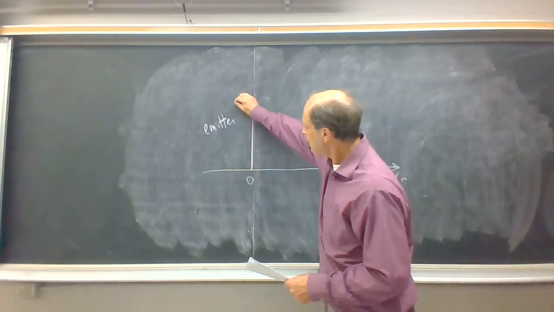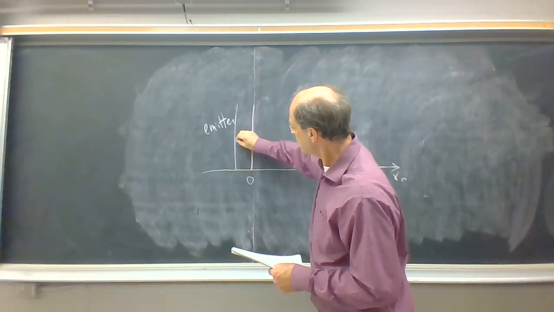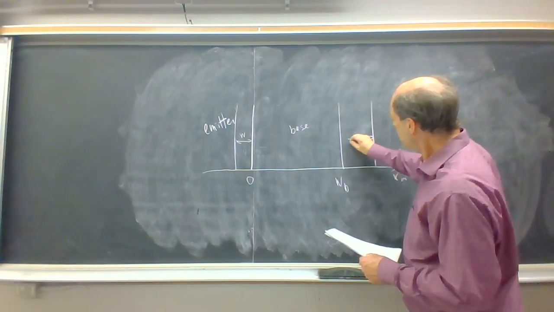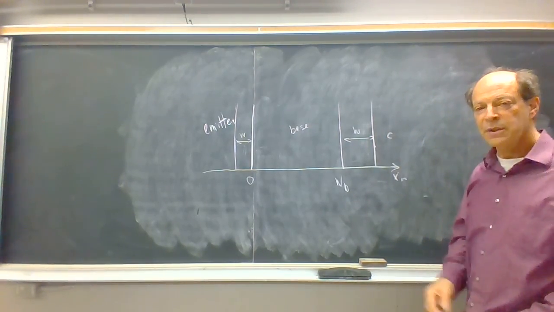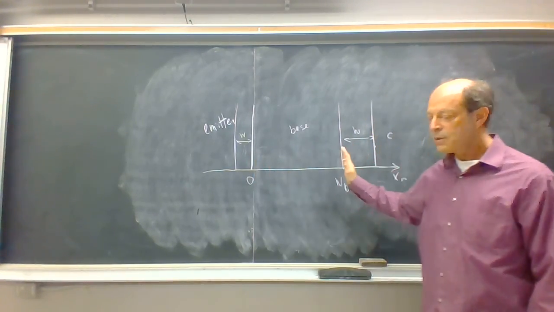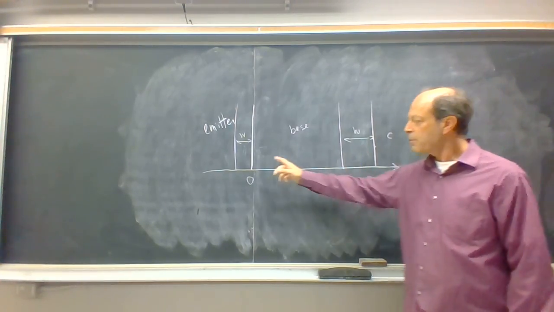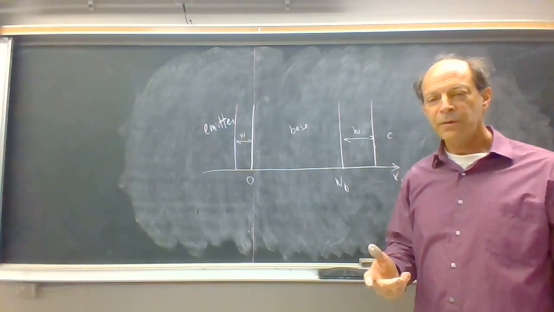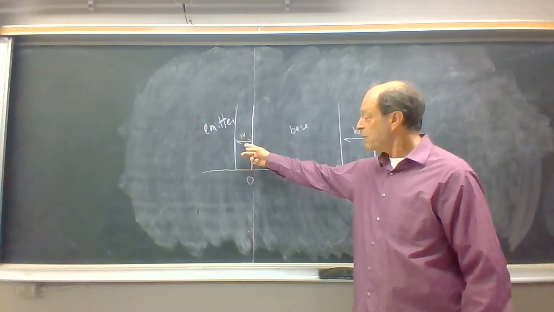And the emitter is going to end just away from that because there's some kind of depletion region between the emitter and the base. And there's another depletion region between the base and the collector. I've drawn this depletion region here to be wider than this depletion region, because this would normally be reverse biased, which would increase the width compared to this depletion region, which would typically be forward biased or have a very small bias on it, which would cause it to be narrow.